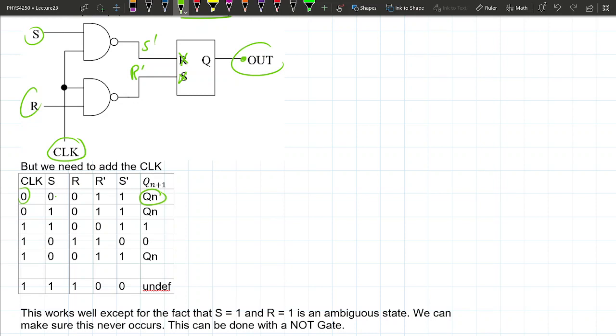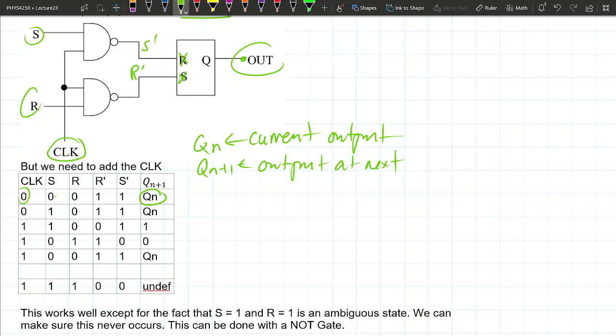The output at n is the current output, and then Qn plus 1 is the output at the next clock cycle, when this pulse comes in.